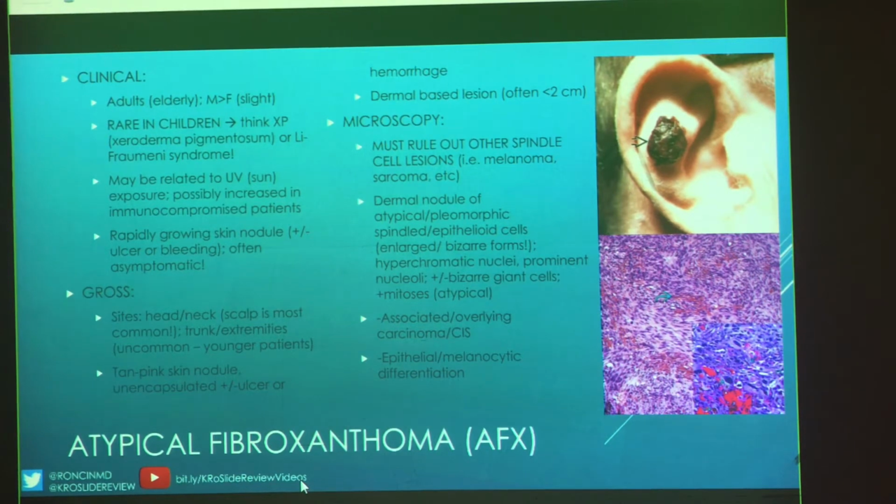It's not associated with an overlying carcinoma or carcinoma in situ, and you should not see epithelial or melanocytic differentiation in this tumor. Okay, so just some more pictures underneath showing you that really bizarre atypia, and the top one looks a little more spindled.